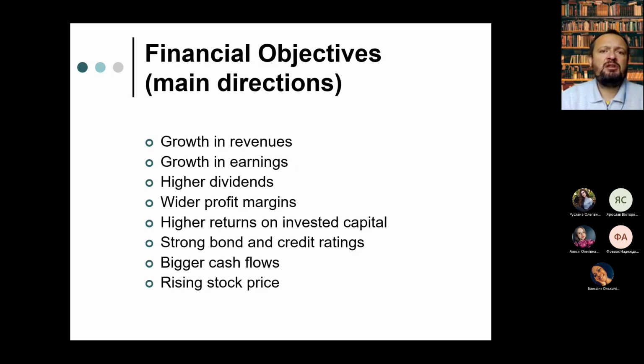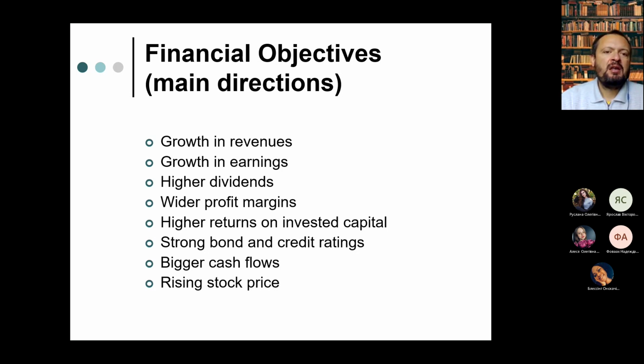If speaking about financial objectives, I'm stressing that I added here that it's not objectives, but it is like a main direction for the objective, because it's just a phrase.